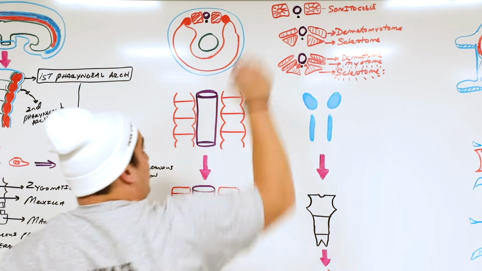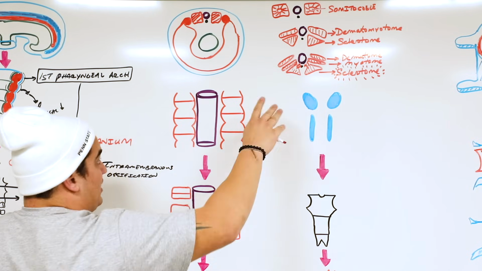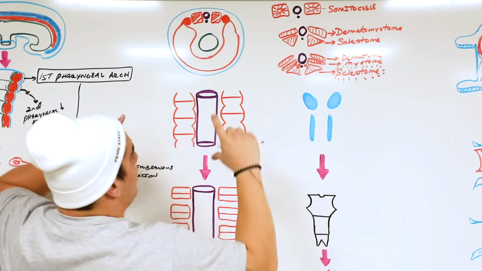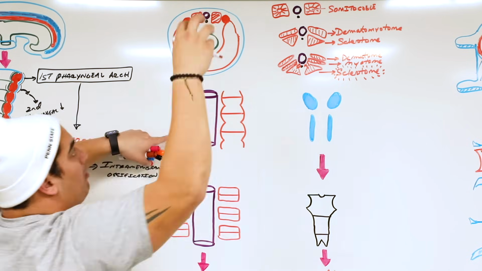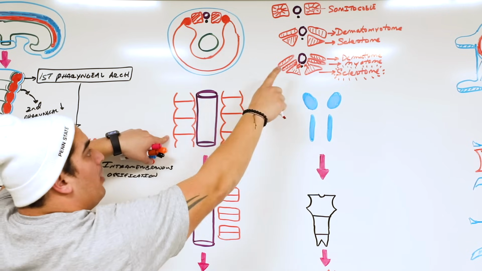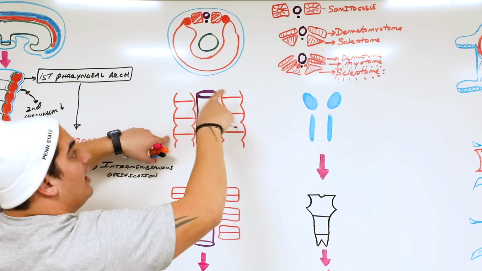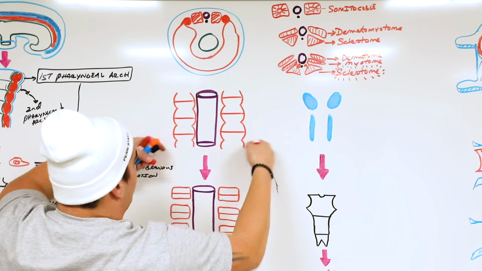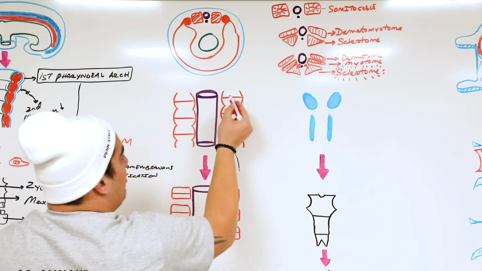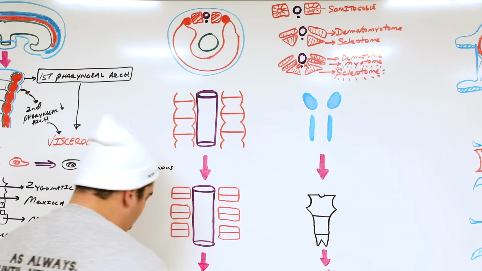So, we took the somites and went through this process of explaining it. What I need you to understand next is, let's say here we have the somites. Okay, we pulled the somites out. But I want you to remember what part of the somite is actually going to make the vertebrae and the ribs. It is the sclerotome. Here we have the somites in chunks. If we cut them in half, let's color code this.